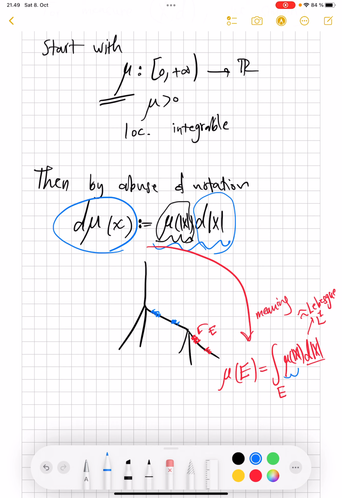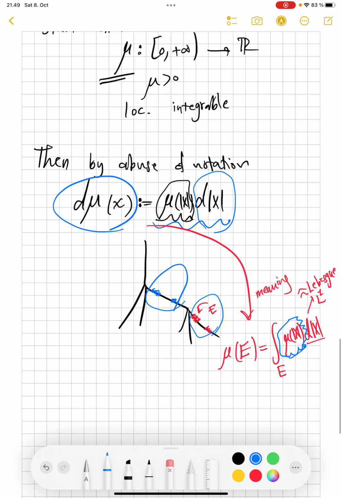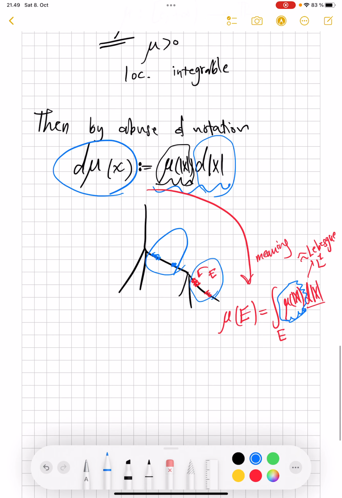But now, because you're integrating different quantities here versus here, exact same set here could have a measure very different from the one up here. And for similar reasons to what happened with the distance function, depending on how nice this mu function is, you could have that the measure of the whole space X is actually finite. So this is a possibility.